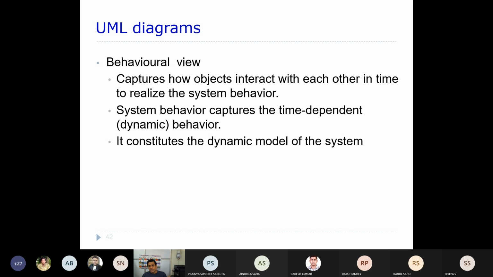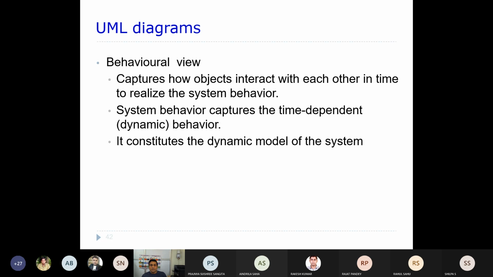It is not a static model, it is a dynamic model, because at different points of time the objects will be behaving in a different way, so as to show that particular behavior. You can think of it like this.